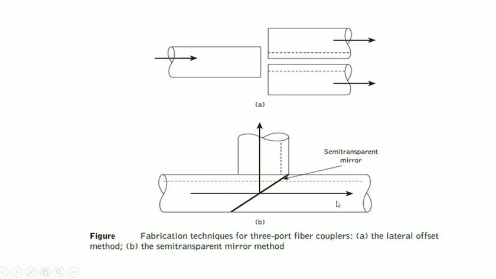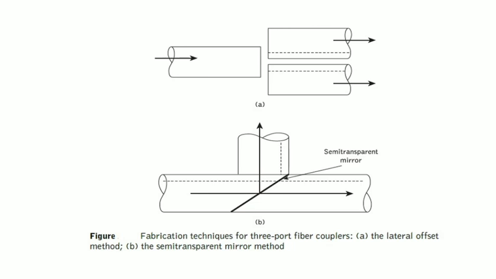In the semi-transparent method, the excess loss ranges from 1 to 2 dB. What is excess loss? The scattering loss through the coupler is often referred to as excess loss. It should be very minimal, for example 0.3, 0.4, 0.5.